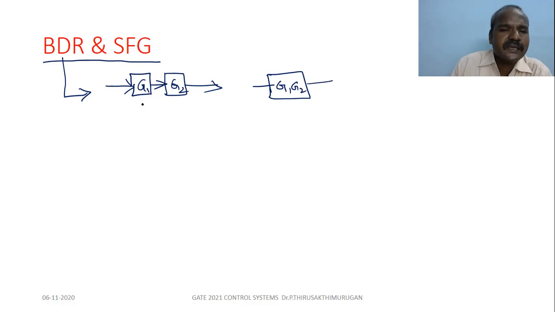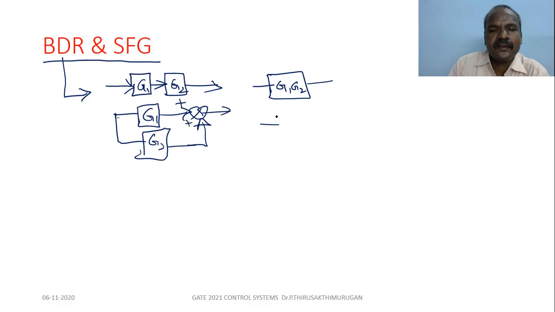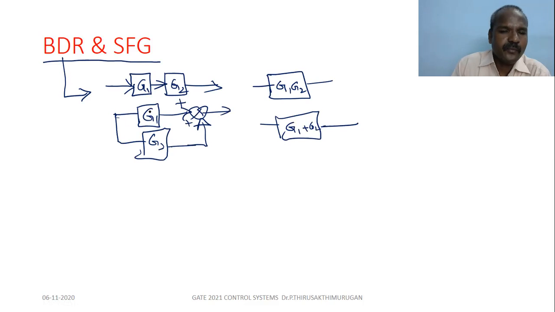If two blocks are in parallel, or cascaded and adding, say G1 and G2, with a plus, then the resultant will be G1 plus G2. Suppose if it is minus, here is minus.